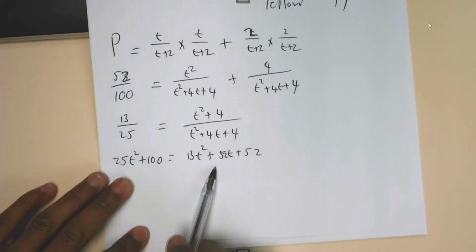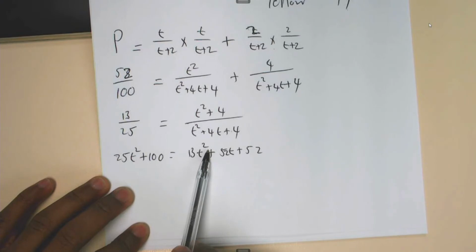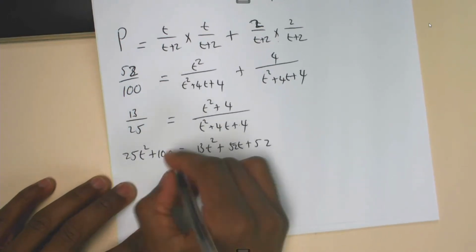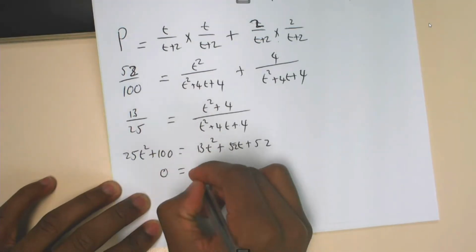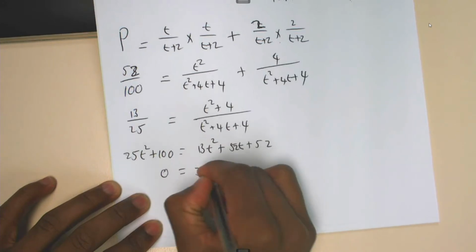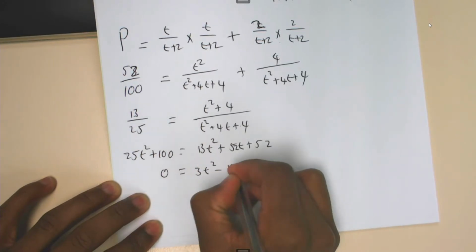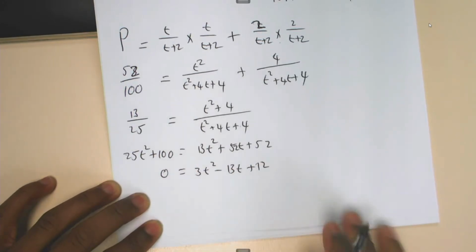Since we have a quadratic equation here, we need to write it in standard form. After writing it in standard form, we'll have 3t squared minus 13t plus 12.